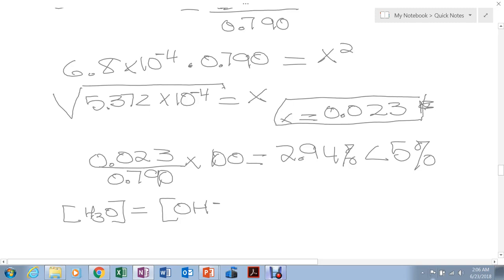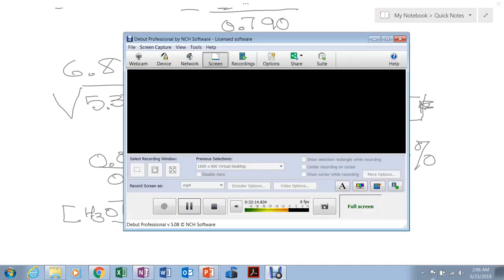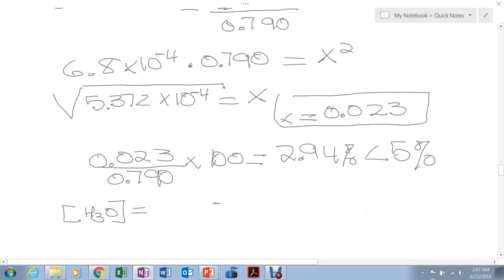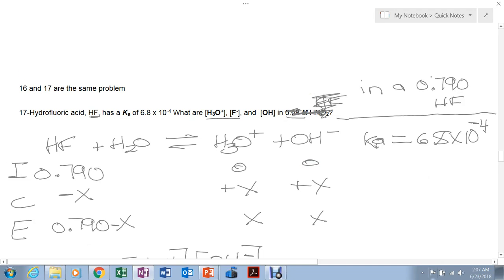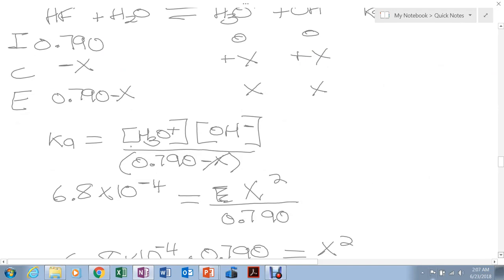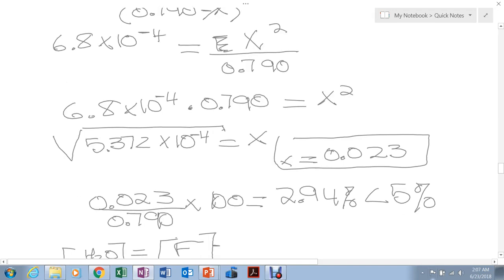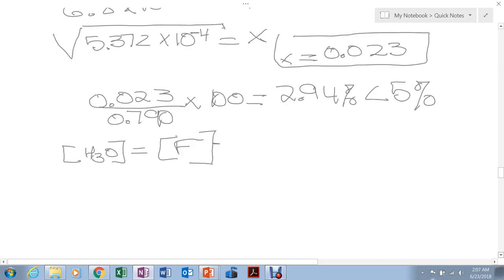Let me pause, I'm going to erase this. So the concentration of hydronium equals the concentration of fluoride. That's what the problem is asking. Do you see? And also the OH negative, the hydroxide, but we're going to do it now. And this equals x.